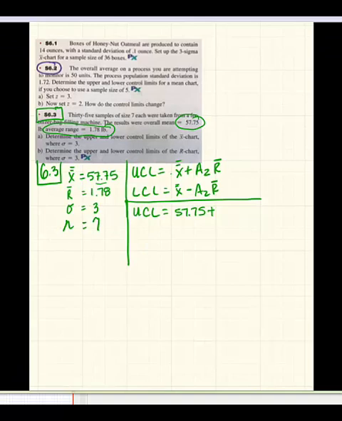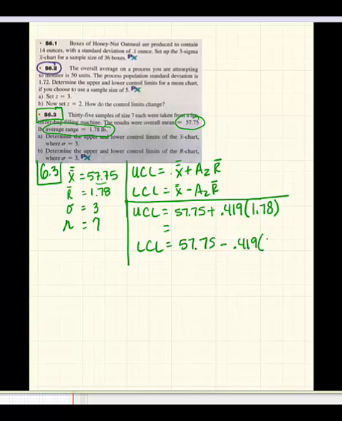I'll put it here. And we're going to multiply it times our R bar, which is 1.78. And then we're going to do the same thing for the lower control limit: 57.75 minus 0.419 times 1.78.